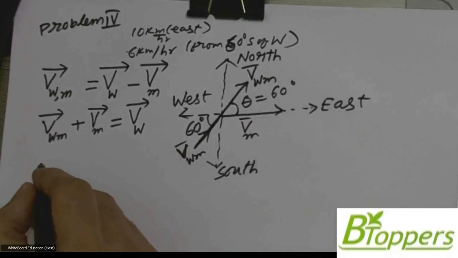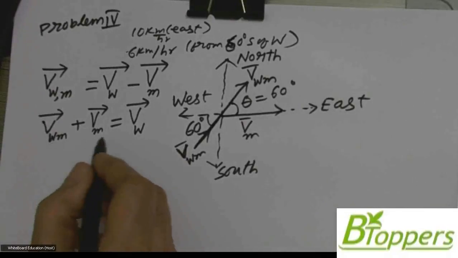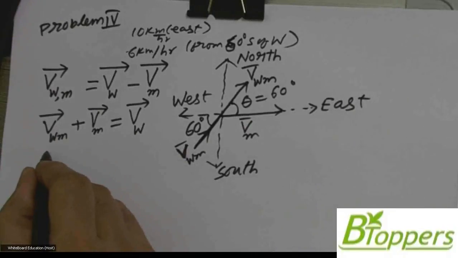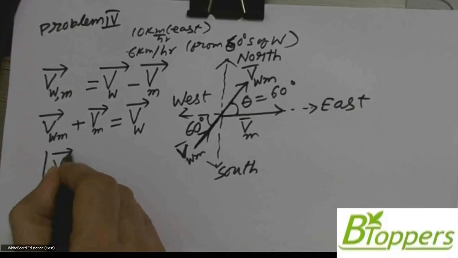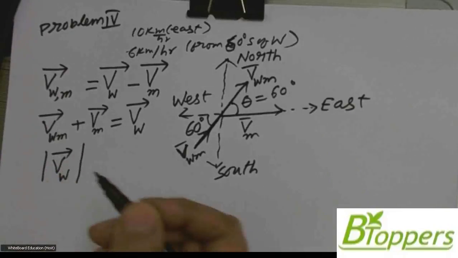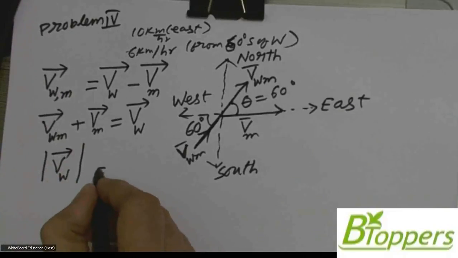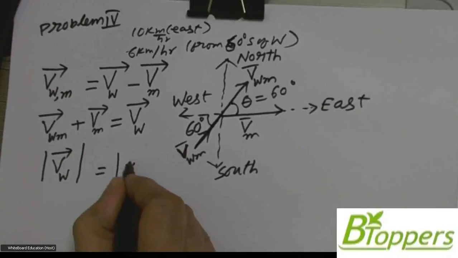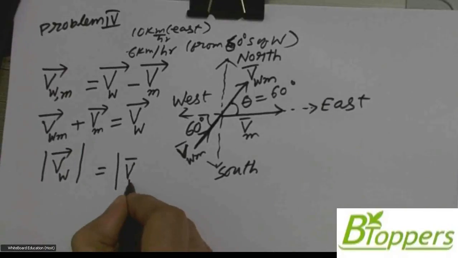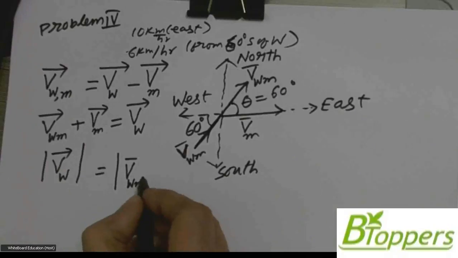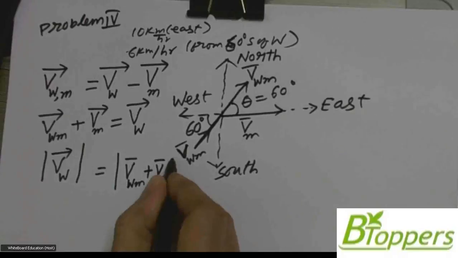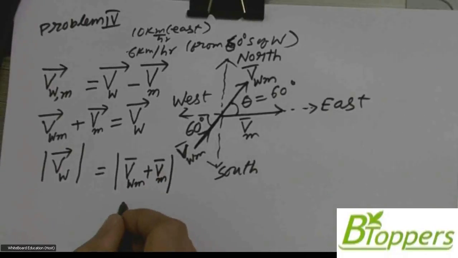Next, we use the formula for magnitude of the vector sum. From this equation, the magnitude of actual velocity of the wind is equal to the magnitude of the vector sum of V bar Wm and Vm bar.